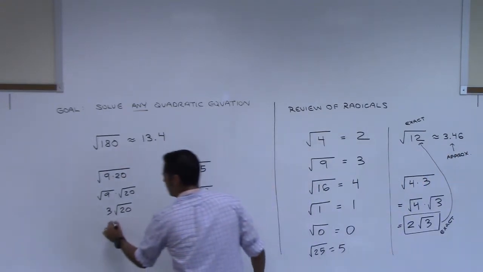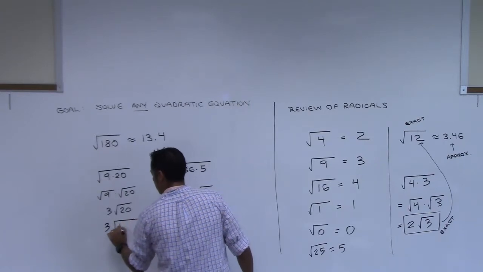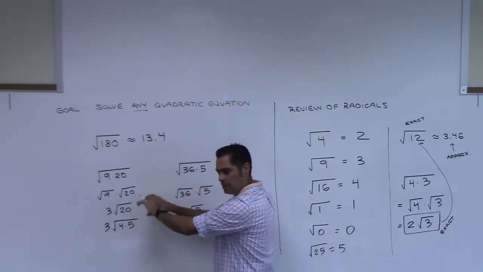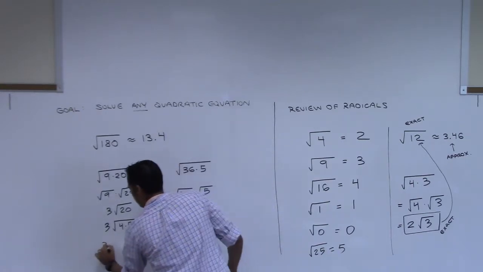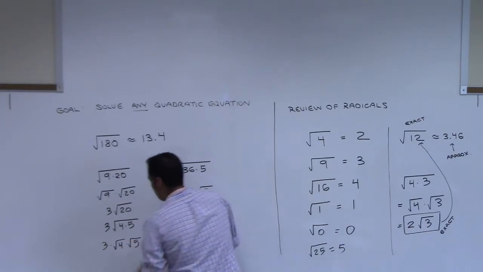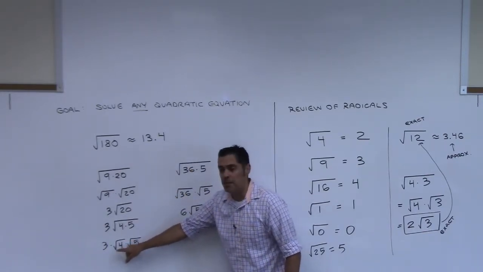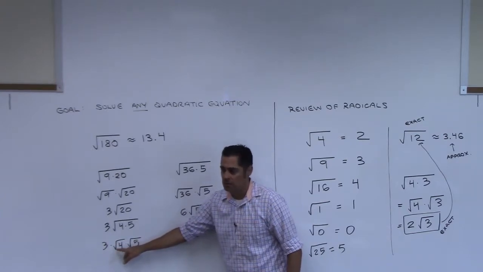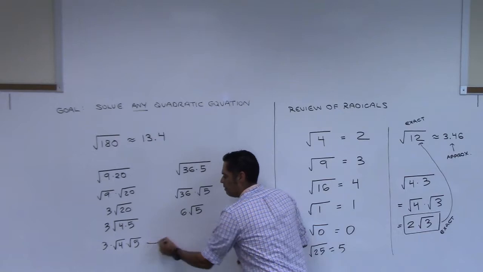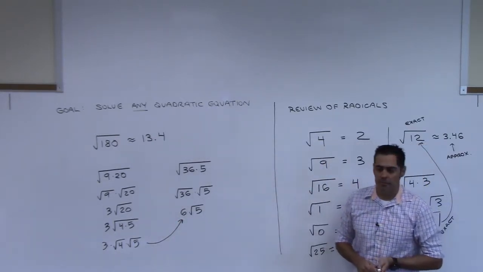So what you could do here is go 3 and then square root of 4 times 5, and then break the 4 and the 5 into 2 roots. 3 times square root of 4 times square root of 5. And what is the square root of 4? 2. So this will become 3 times 2, root 5, which would be 6 root 5, the same answer, right? Do y'all see that?